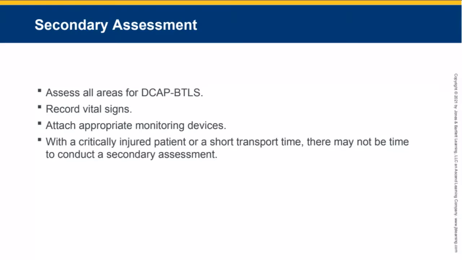And it's actually DCAP-BTLS-IC. Record vital signs. Attach appropriate monitoring devices. And when you do your vital signs at this point, you will compare the findings to what you discovered in your primary assessment.